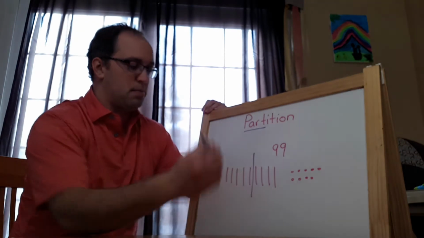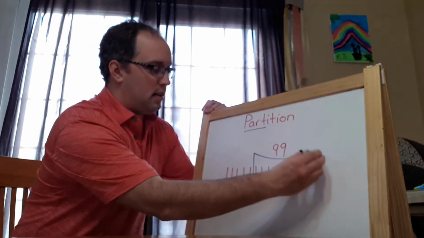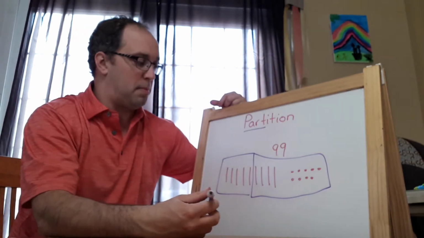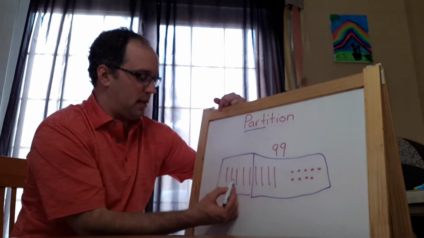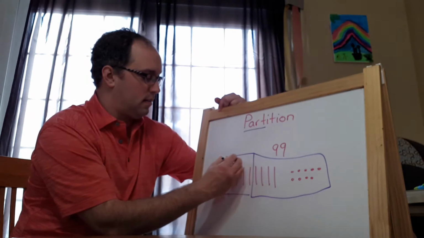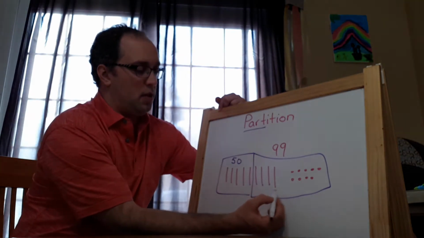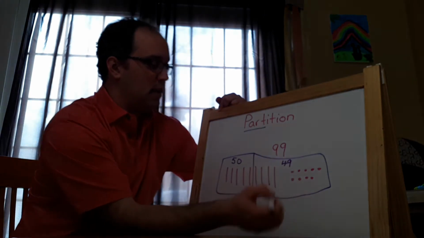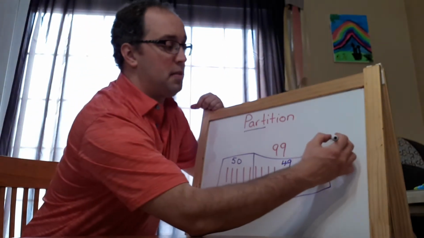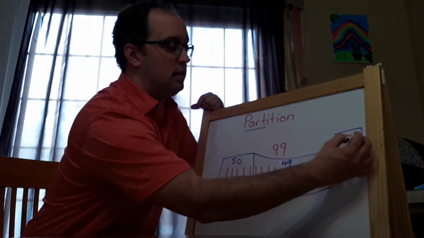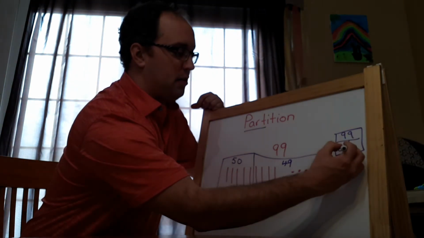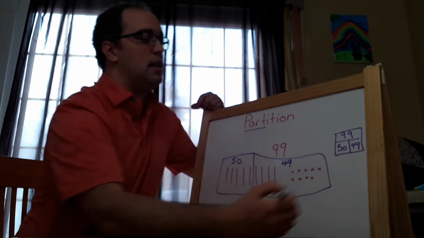Again, I say it's magic, and I show my parts very clearly, and I label my parts. So over here it's 10, 20, 30, 40, 50, 10, 20, 30, 40, and then there's 9 here, so it's 49. And those are my parts, and I'd get them to label it on a part whole mat. So 99 is the whole thing. My one part was 50 and my other part was 49.